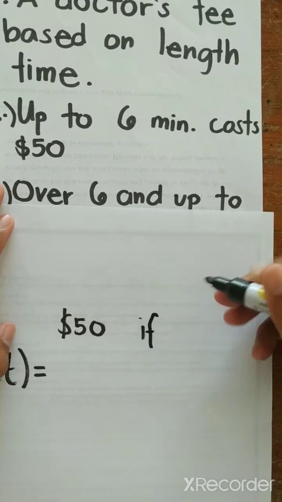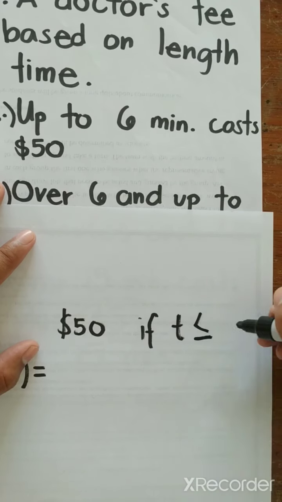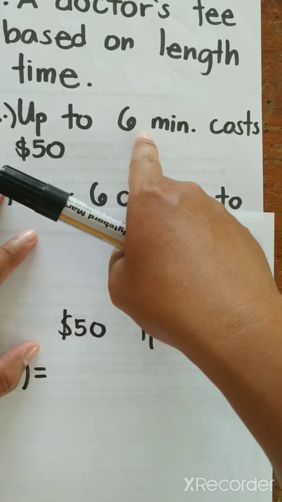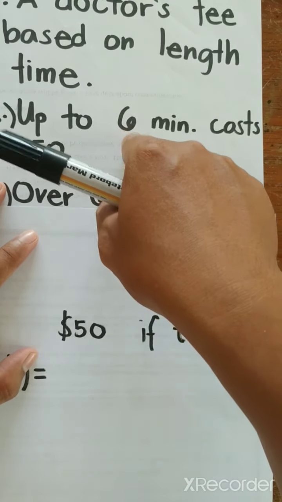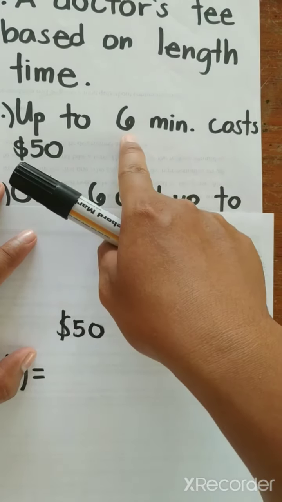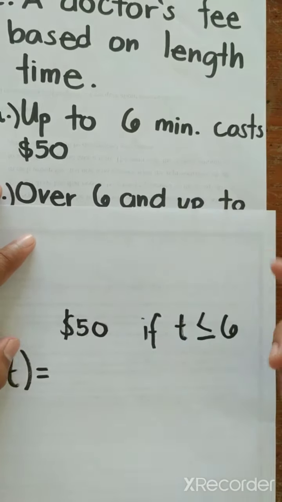So our constraint will be if t is less than or equal to 6. Because when we say up to 6 minutes, it should not be 7 minutes, it should not be 8 minutes, but only until 6 minutes. That's why we have the equal sign. So it could be 1, 2. Of course, there will be no negative time as there will be no negative minutes.